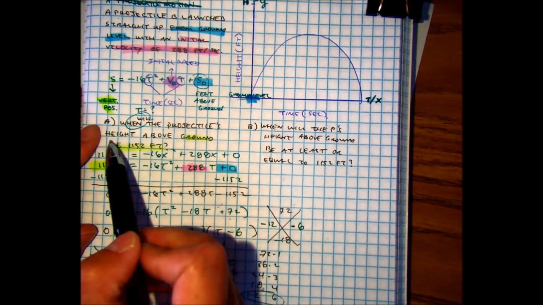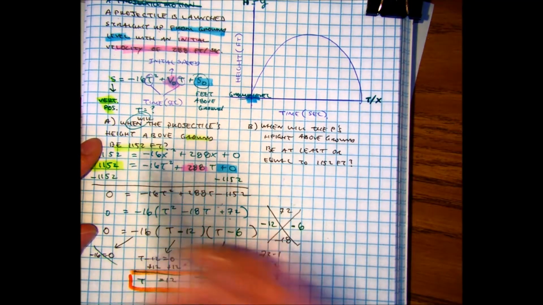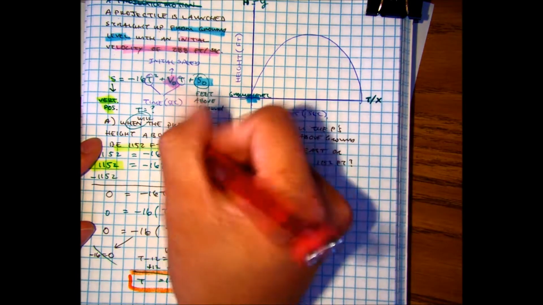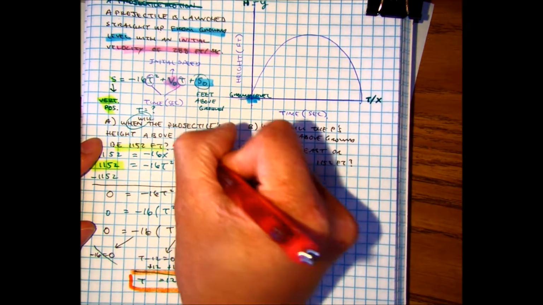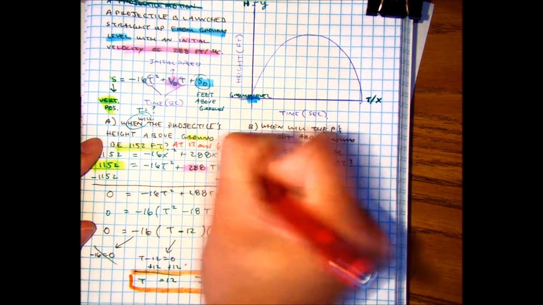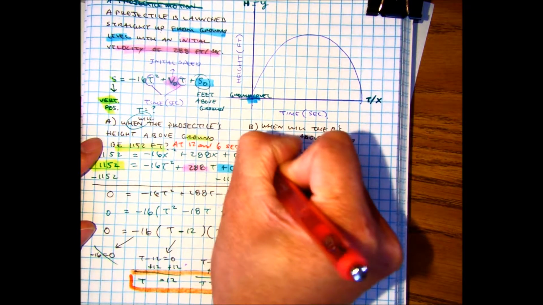When will the projectile's height above ground be 1,152? At 12 and 6 seconds is the answer.